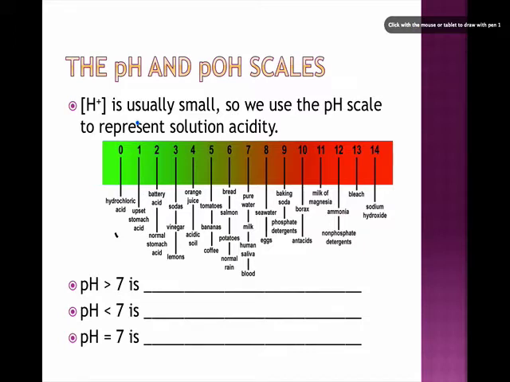So for example, it's usually 0 to 14. We can take those tiny concentrations and they do the negative log of them, and we'll talk about that in just a second. And they end up with the pH scale, which is a much nicer number to deal with than those numbers that are in scientific notation.